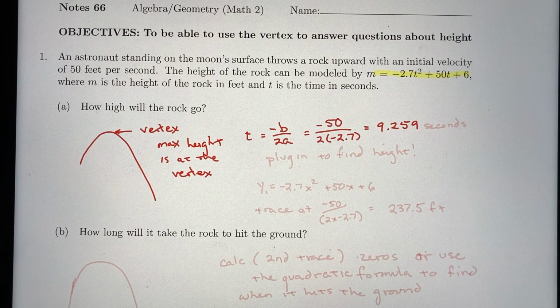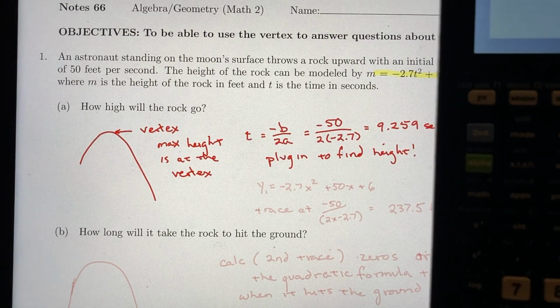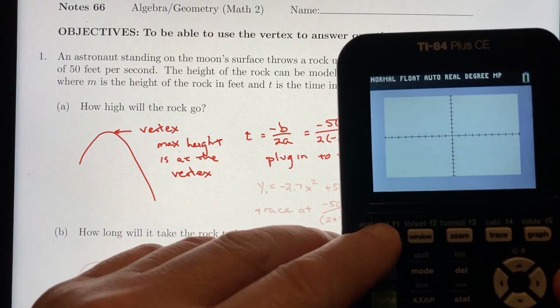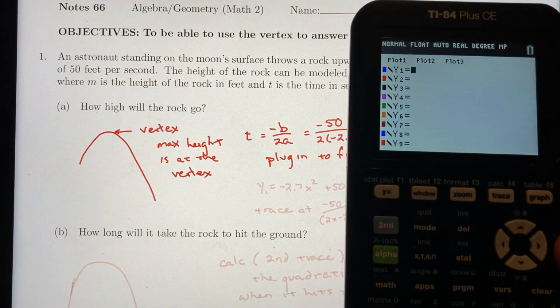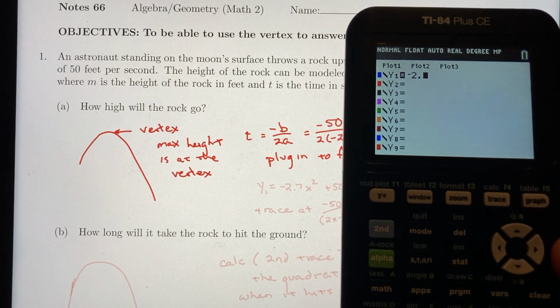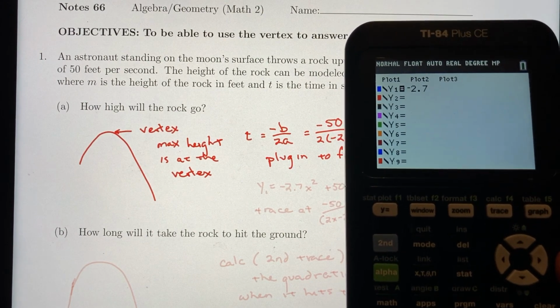That's the time. We need to actually trace at that time in order to figure it out, or plug it in by hand. I think it's going to be easier to trace, so let's just go ahead and use the calculator.